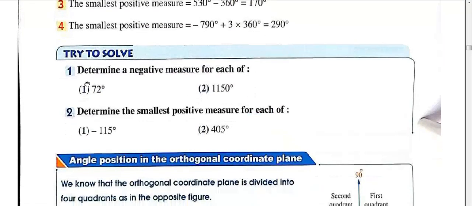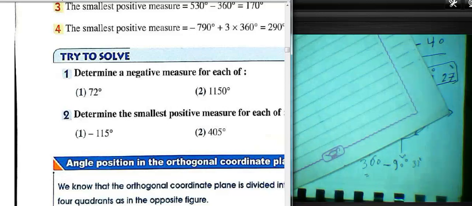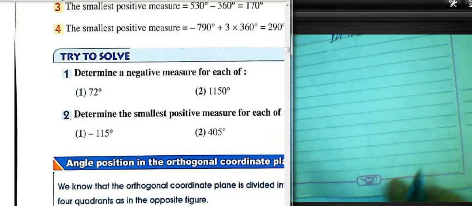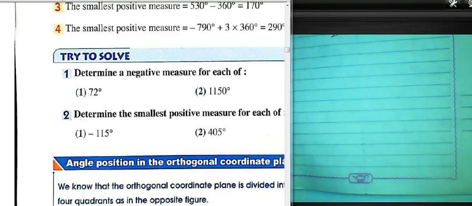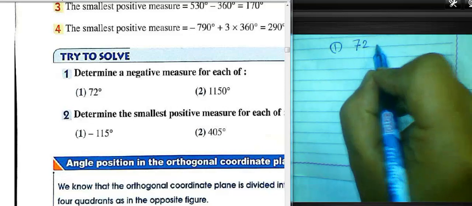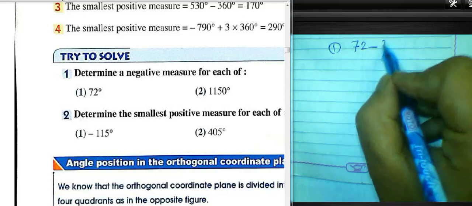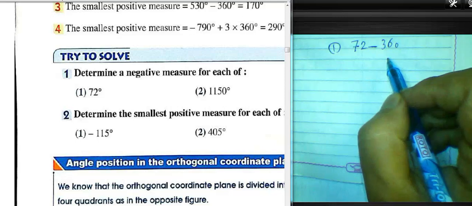Try to solve. Number 1, determine a negative measure for 722. If you want to find a negative measure, it's easy: we subtract 360. Look at here, I will solve it. 722 minus 360, because we want a negative measure.